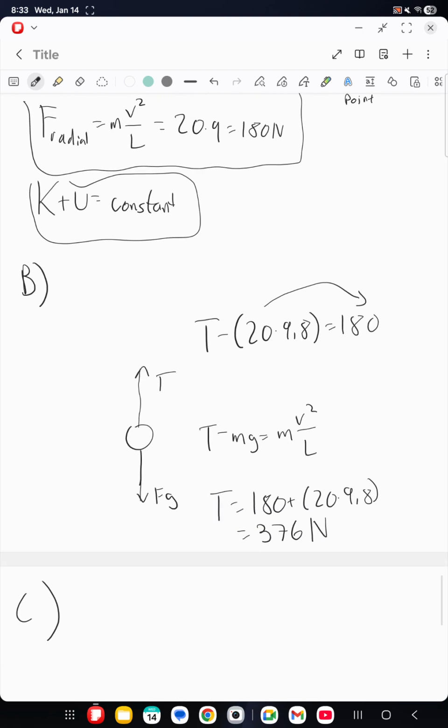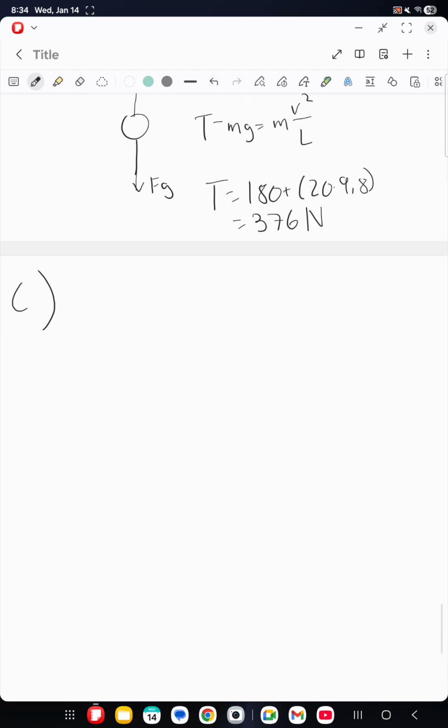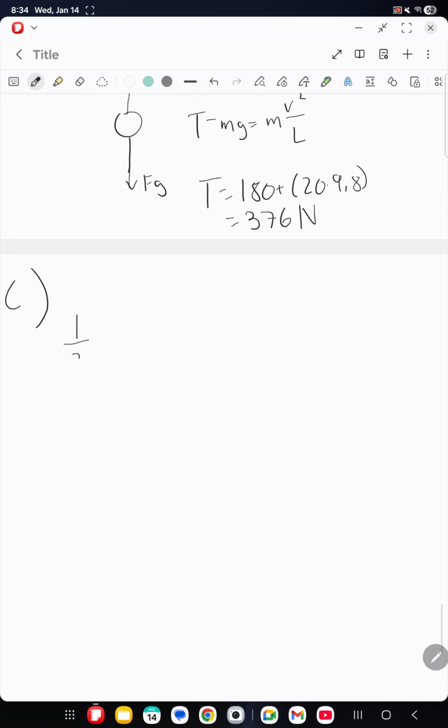At the bottom, maximum speed, so maximum kinetic energy. But at the highest point, speed becomes 0 momentarily, so kinetic energy becomes 0, and all energy becomes gravitational potential. So its kinetic energy will be equal to its potential energy.